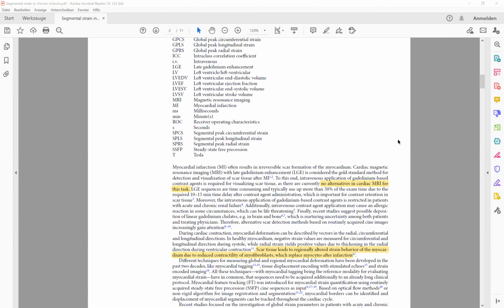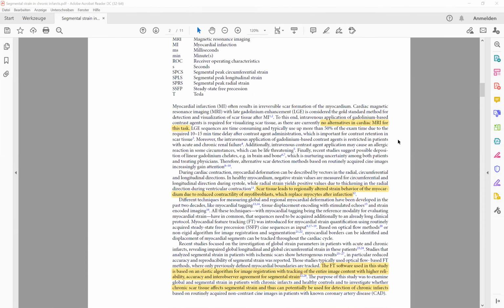So our hypothesis, or it's a fact, is that scar tissue has different mechanical properties than remote myocardium. And we wanted to test if analyzing segmental strain would make it possible to discriminate scar tissue and remote myocardium by the different values of segmental strain that is produced.